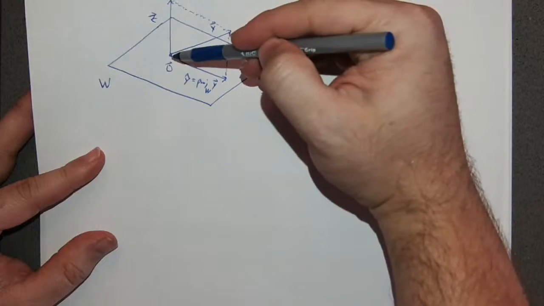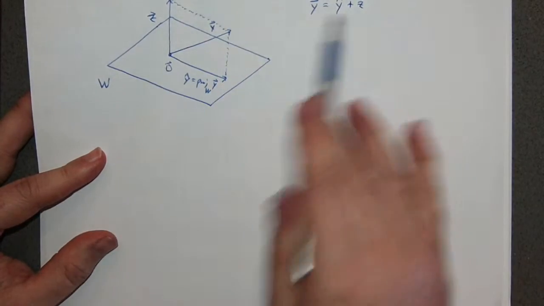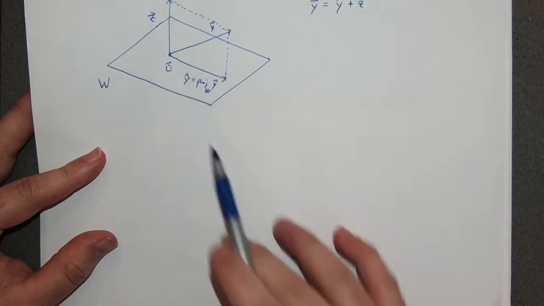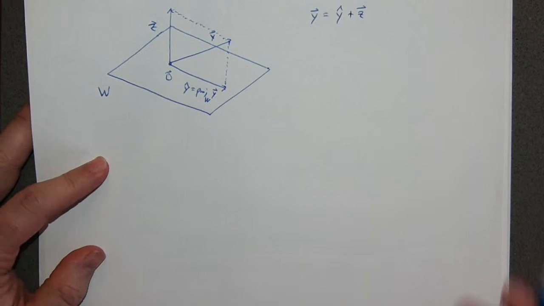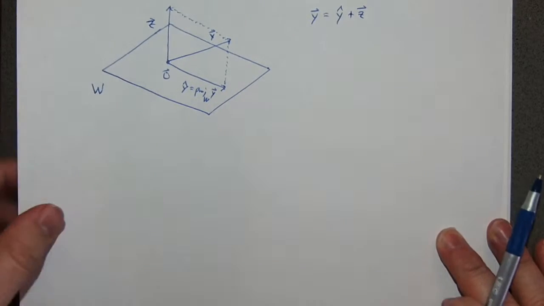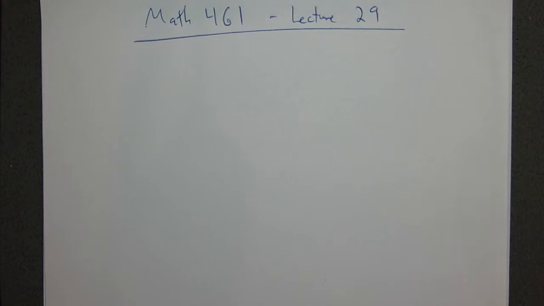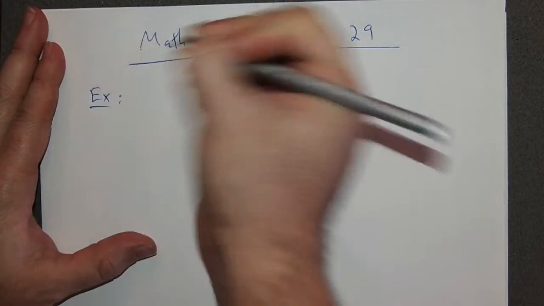The normal, or orthogonal, component here is z, and so y is y hat plus z in this way. This is actually what I discussed at the end last time. Okay, so let's do an example of this.